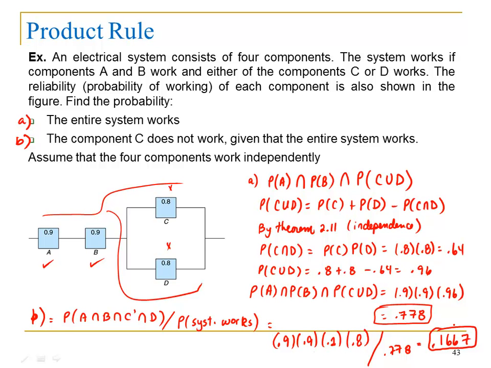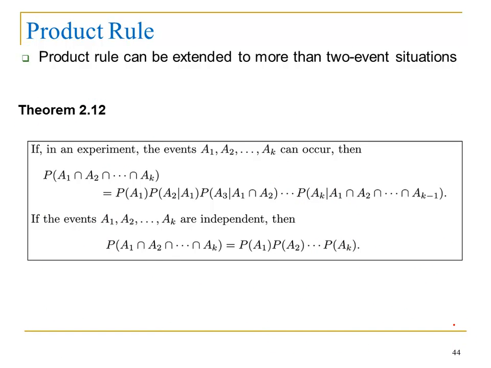So that was a good problem. And that product rule that we discussed can be extended to more than 2 events situations, like we did for the previous problem. You just have to make sure that you follow the proper multiplication of events.